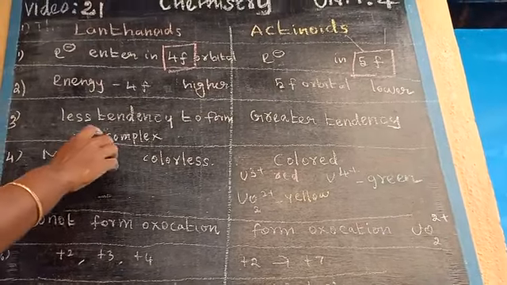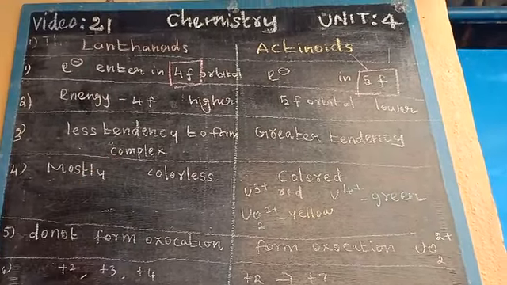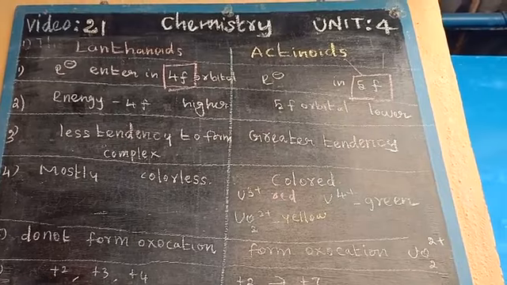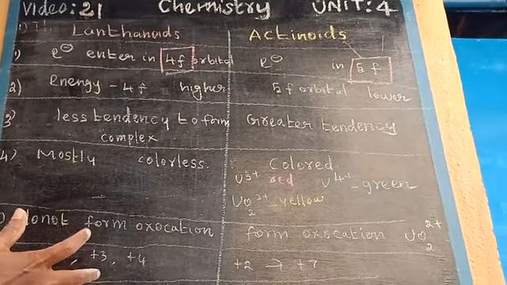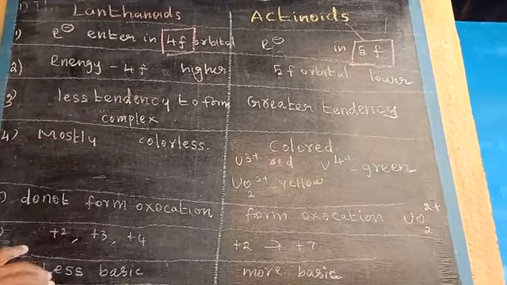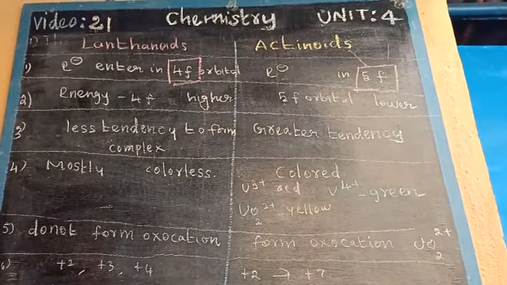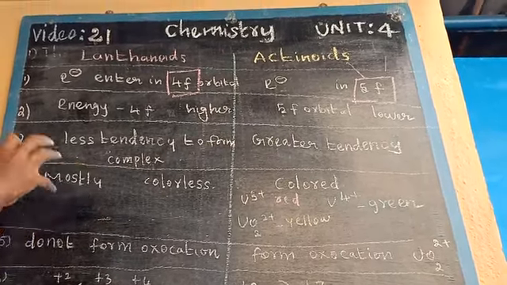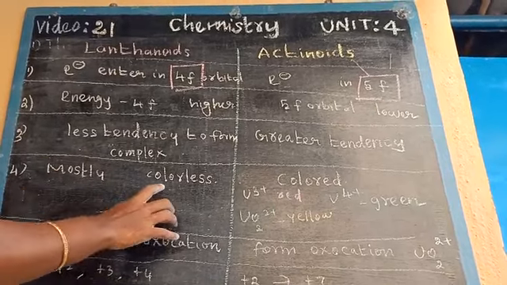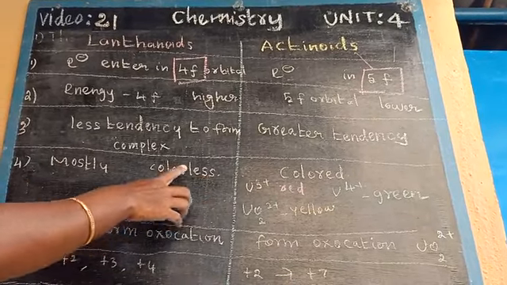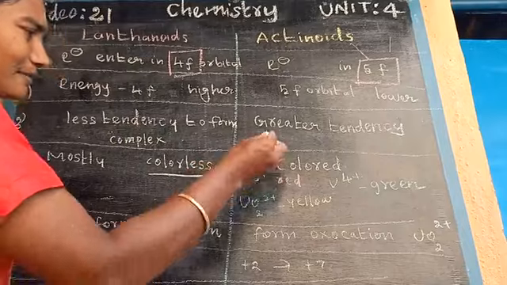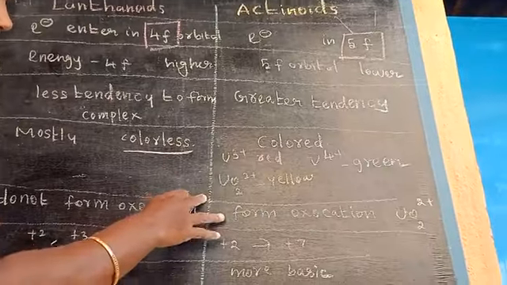Okay, next one is complex. Complex means coordination complex. Lanthanides have less tendency to form complexes. Here, actinoids have a greater tendency to form complexes. Most of the lanthanide elements are colorless. Here, some elements are colored.